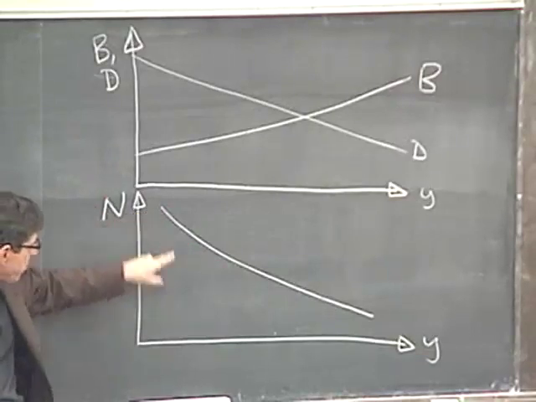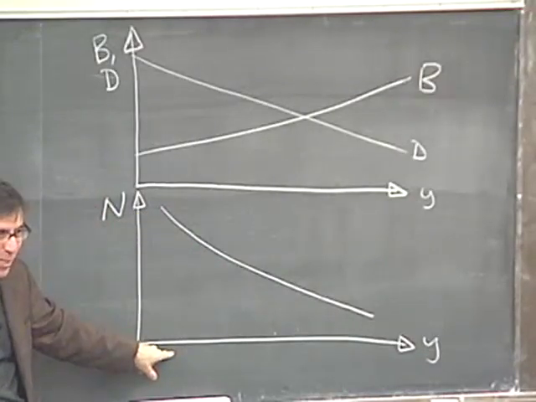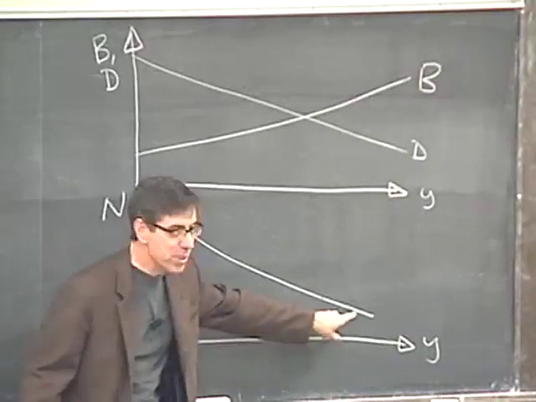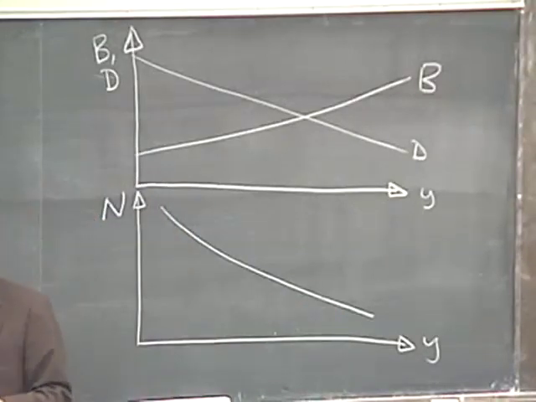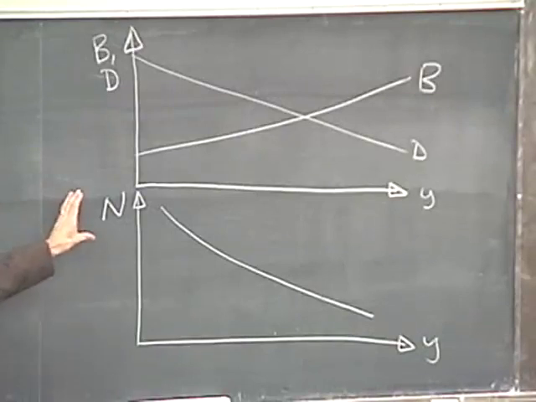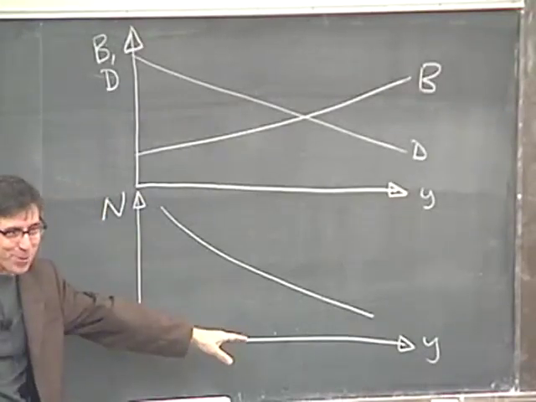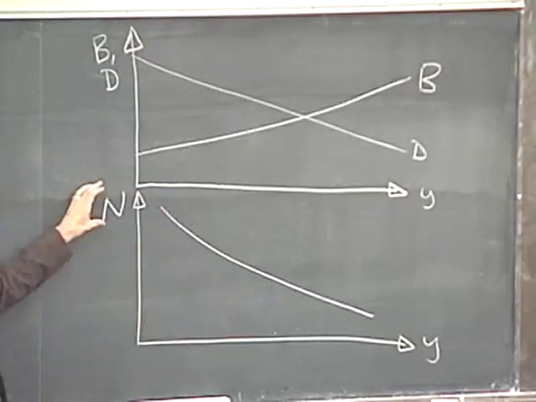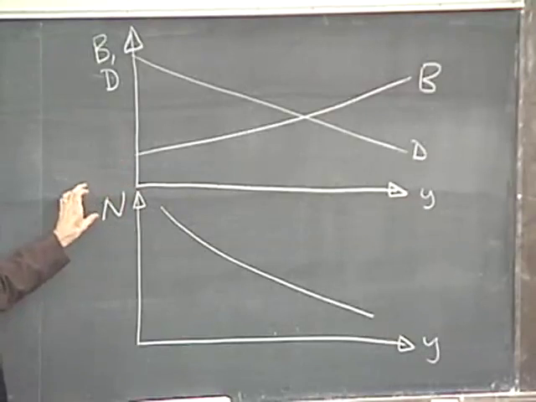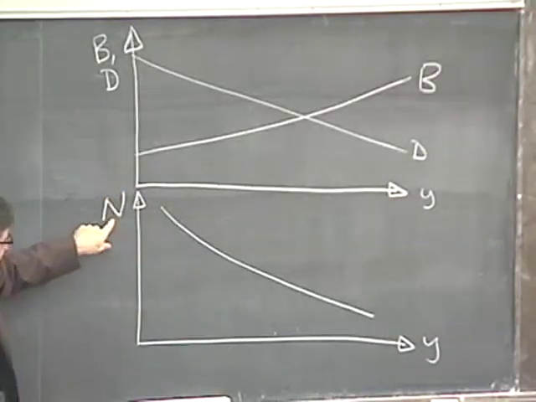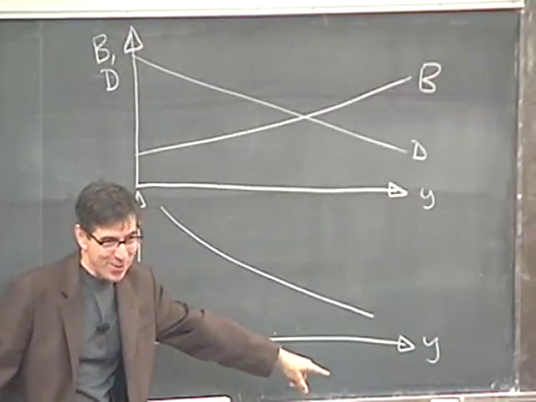At high levels of population, income is going to be low, and at low levels of population, income is going to be high. And this is graphed. The normal way we do graphing is to have the independent variable on the horizontal axis and then the dependent variable on the vertical axis. But to make this all fit together, we do it the other way around, right? But that's fine.